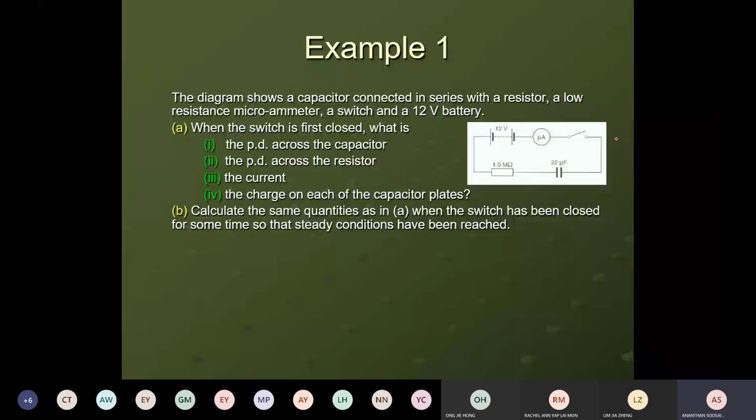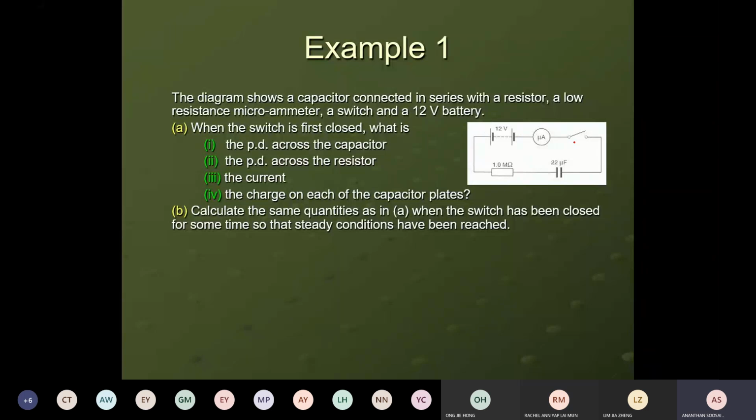You see the circuit here: 12 volt, 1 mega ohm, 22 microfarad. The diagram shows the capacitor connected in series with the resistor, a switch, and a 12 volt battery. When the switch is first closed, what is the PD across the capacitor and the resistor?